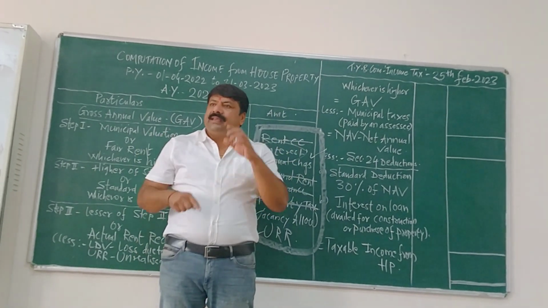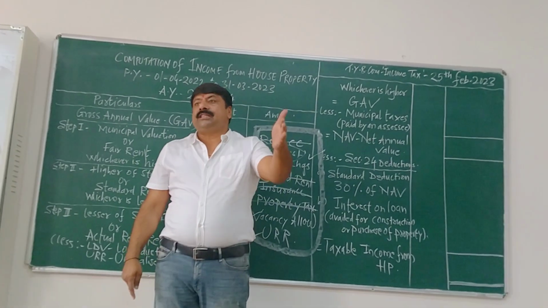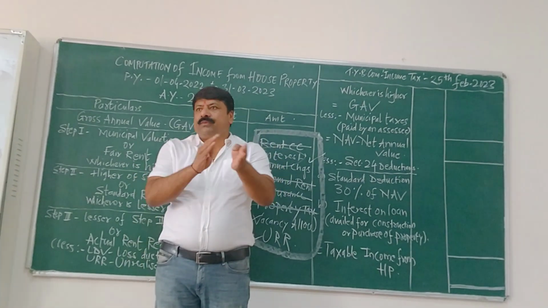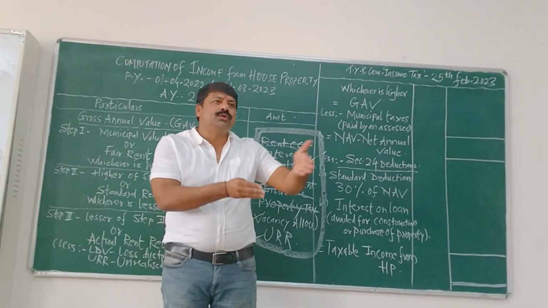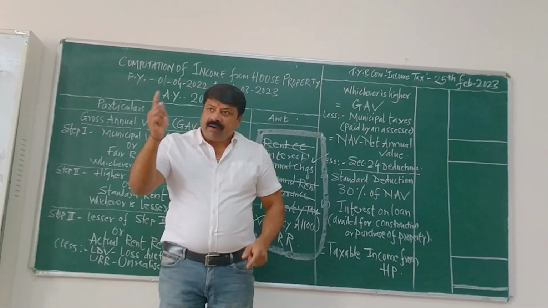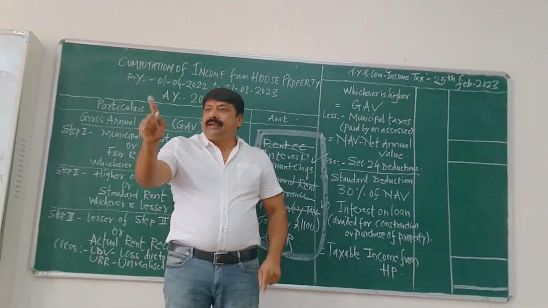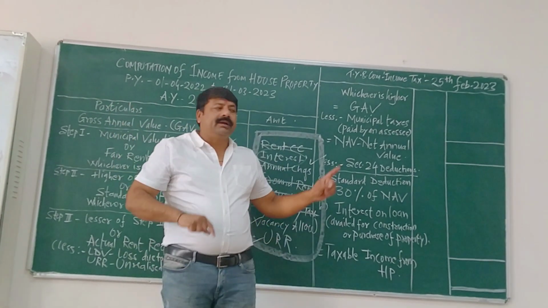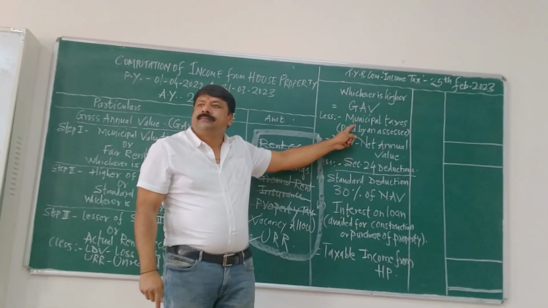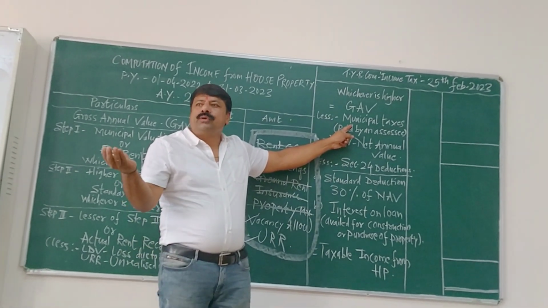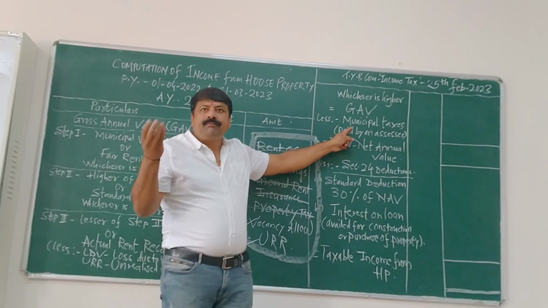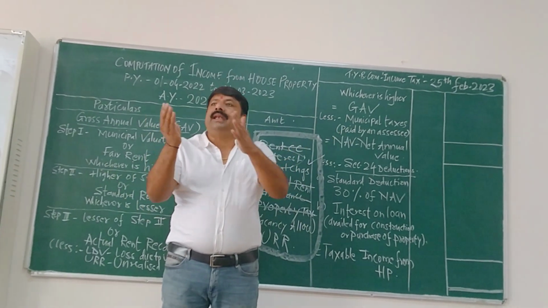If there is a clause in an agreement, then the tenant has to pay. That is between landlord and tenant. Which clause should be there, we cannot guide them. But if municipal taxes are paid by the tenant, no tax will be deductible here as municipal tax. Then why he pays the tax, that is his own question. Why does he pay? Because that is the agreement between landlord and tenant.